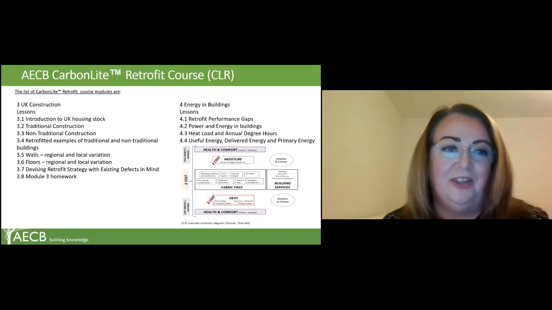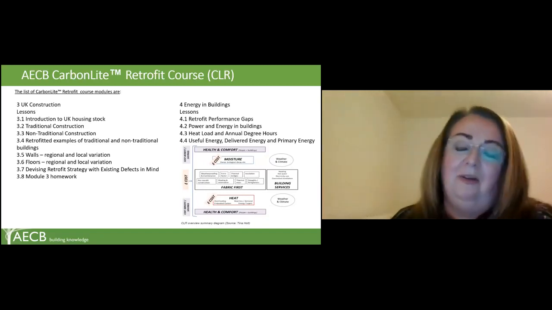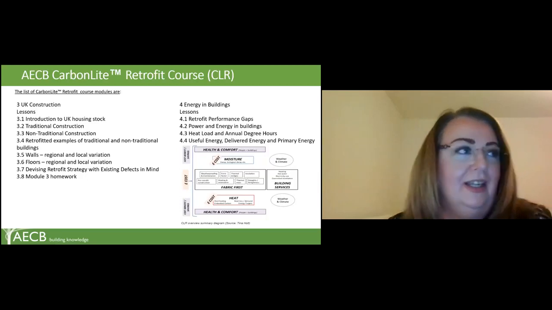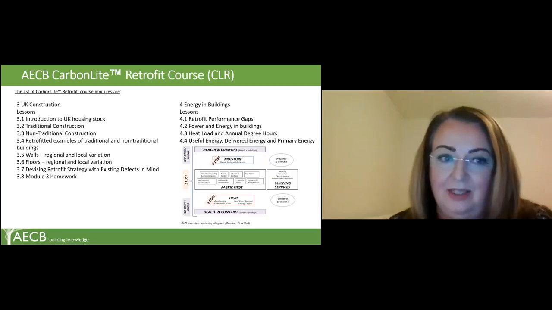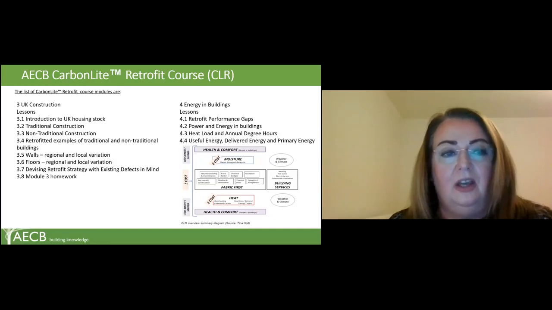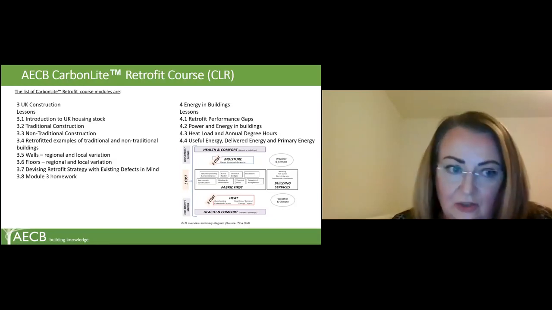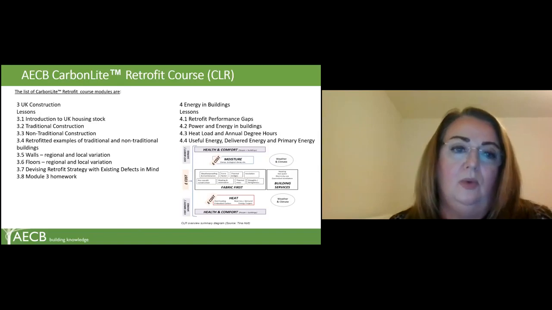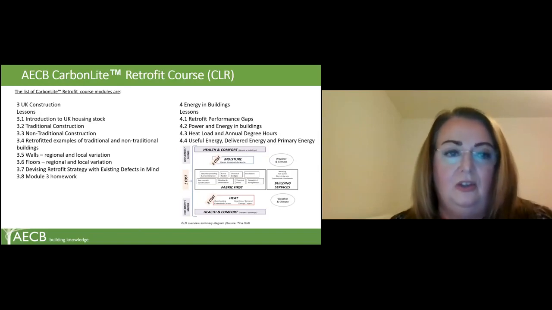I'm from the north, the real north, where tenement buildings are very, very common in a lot of the cities, and they are very difficult to deal with, let me tell you. But there are other construction techniques and traditional techniques, so that we're taking the building stock with us and using it today. So we try and look at different types of retrofitted examples of traditional and non-traditional buildings. Most of it is domestic, however.